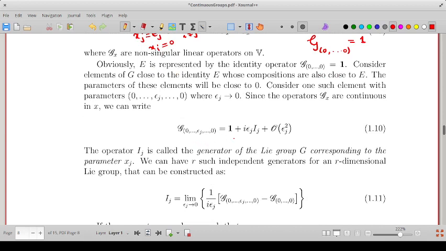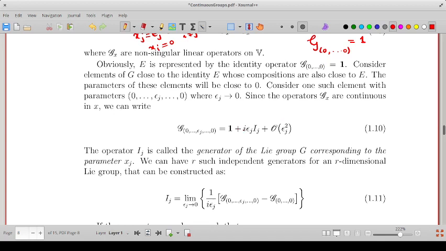So therefore, we may write G(0, epsilon_j, and all other parameters 0) is very close to the linear operator for the identity, which is the identity operator.